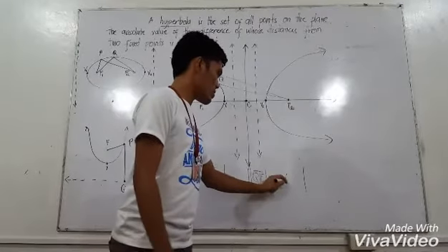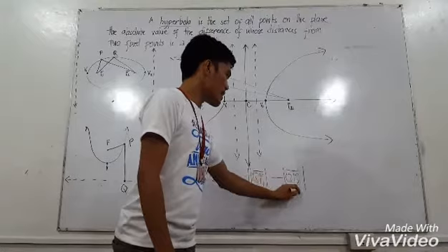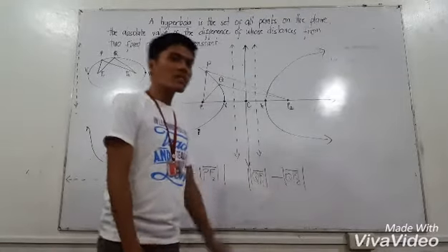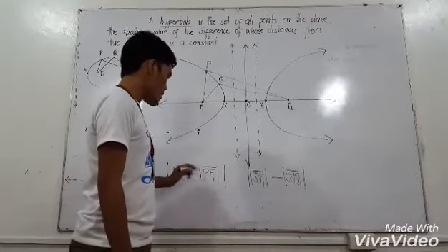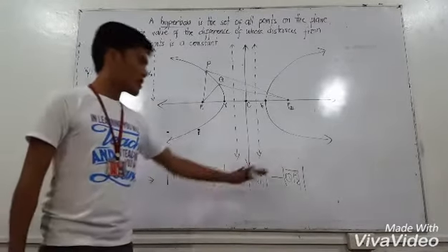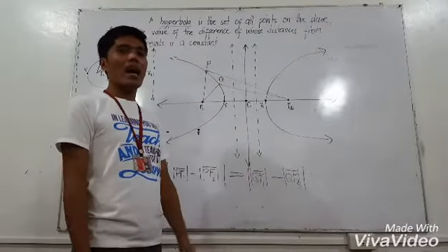So Q to F1 minus Q to F2. Since this one is constant, this is also constant. Therefore, this difference must be equal to the previous difference for any point of the hyperbola.